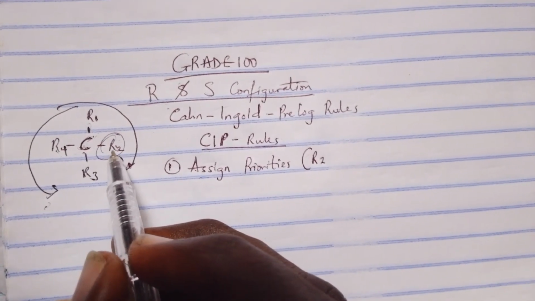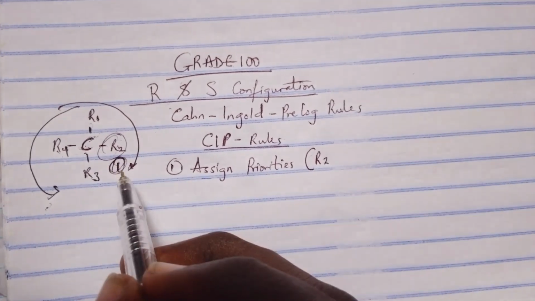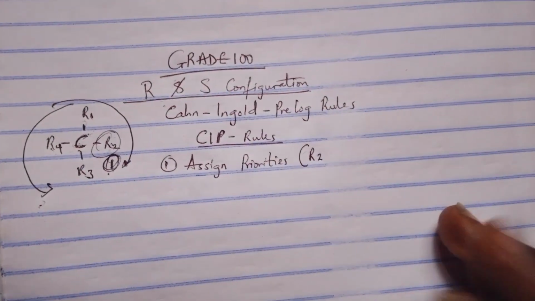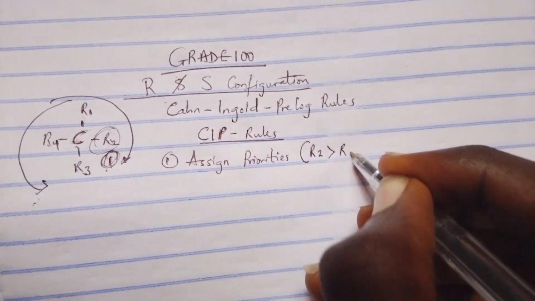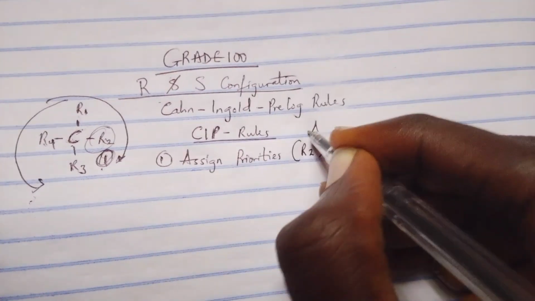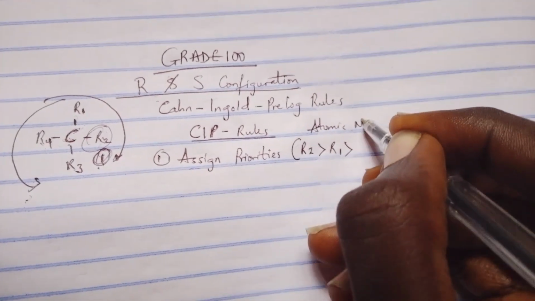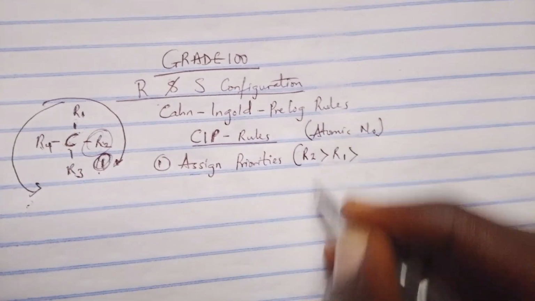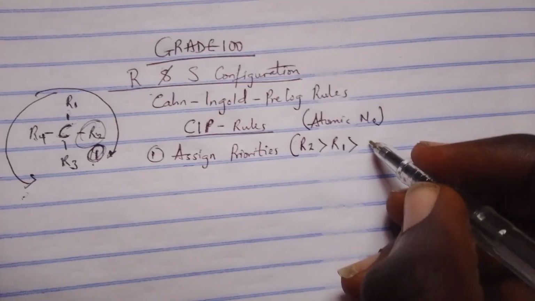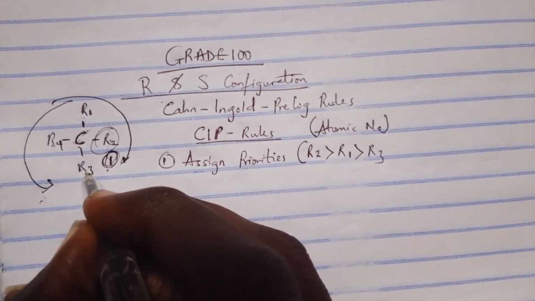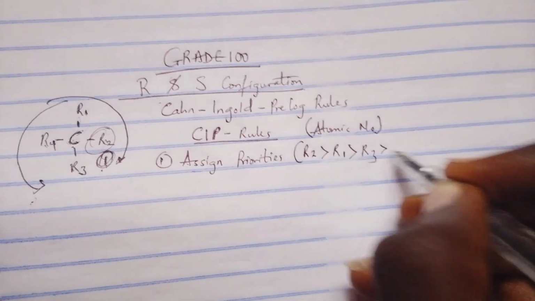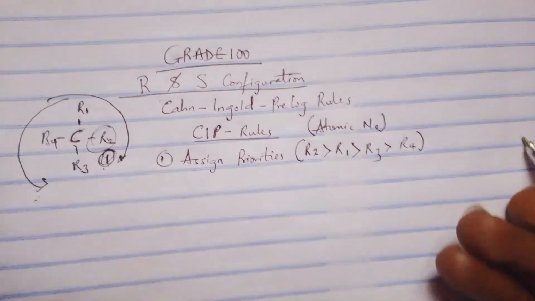Now, the one with the highest priority will have the highest atomic number. That's just the concept there. So it will be R2 greater than R1 in terms of atomic number. Let's say R3 is the next one, then R4. So that's just the concept there.